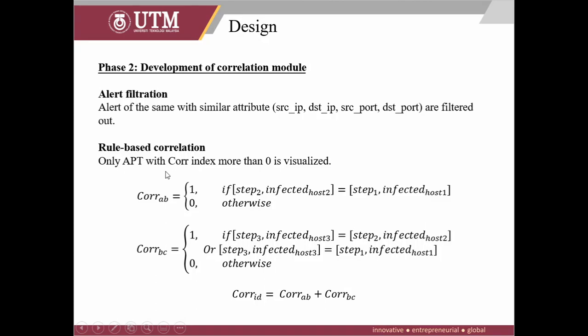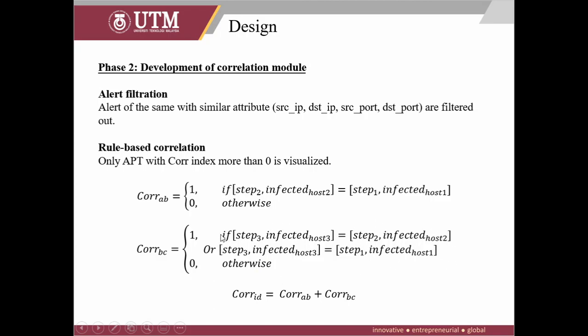Then we'll correlate the different stages. If the infected host of step 2 is the same as that of step 1, it means they are the same APT scenario, and also the same for step 3 and step 2, and step 3 and step 1.